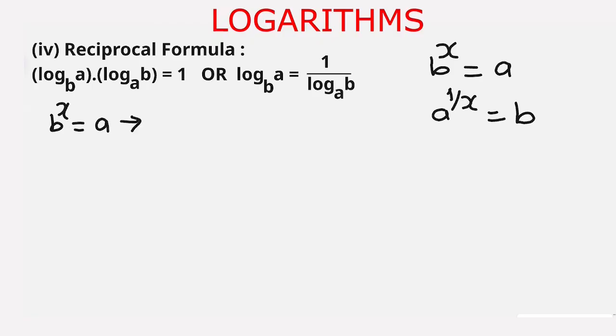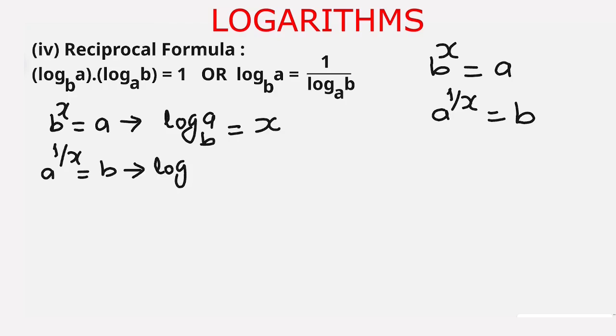This gives us log a base b equal to x, and a to the power 1 upon x equal to b. This gives us log b base a equal to 1 upon x. Now if we multiply these two, then what we get?